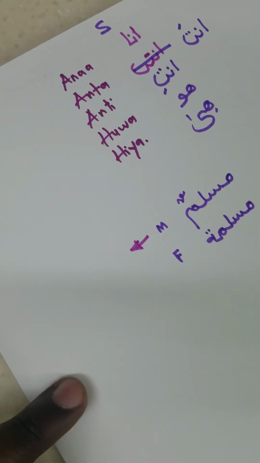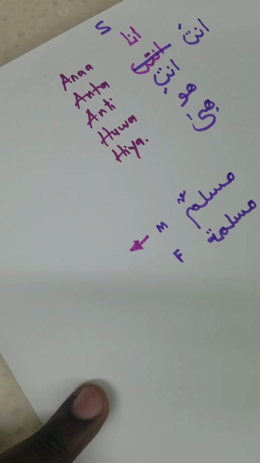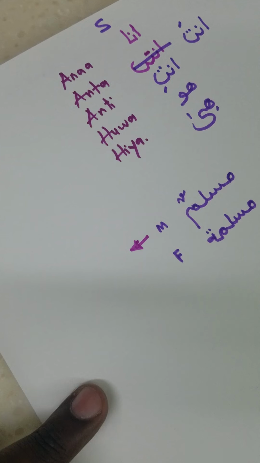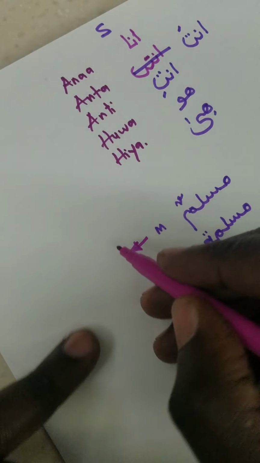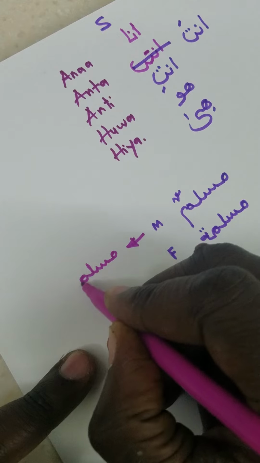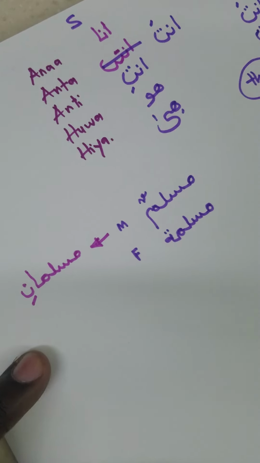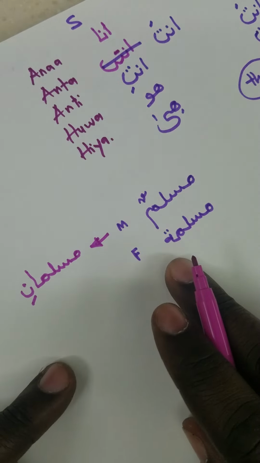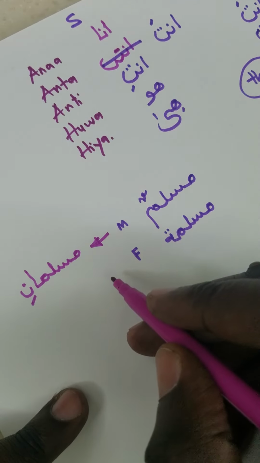We said if you go back and read the Arabic chart, you'll see that the dual form of Muslim will be Muslimani, and the dual form of Muslimah will be Muslimatan.